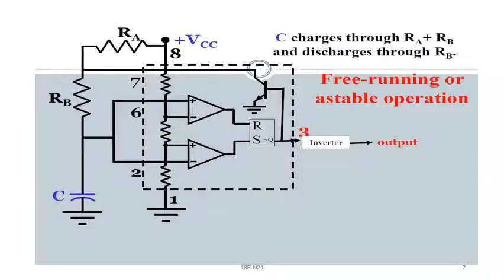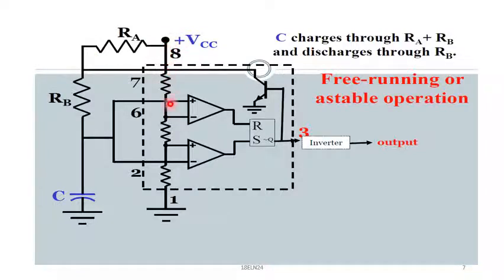Now this is a detailed diagram of the astable multivibrator, using the functional diagram of the IC555 timer. I used two comparators here, and the flip-flop, and this is your discharge transistor, and the resistances RA and RB. One end of RA is connected to pin number 8, where VCC is connected.